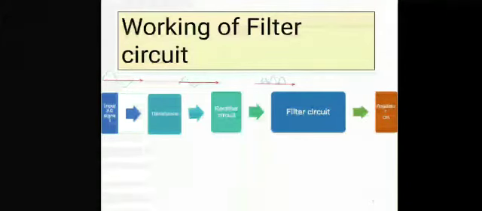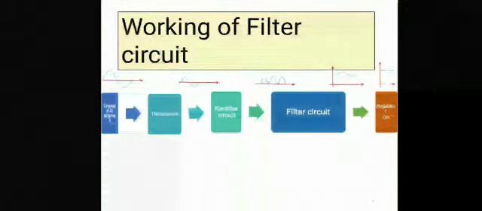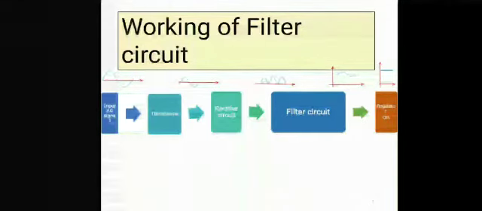The pulsating DC is converted into a less pulsating DC signal well above the ground level. This is one of the waveforms shown at the output of the filter circuit, a less pulsating DC signal. Depending on the component used or the type of filter used, you get either a less pulsating DC signal or a charging and discharging capacitor waveform at the output of the filter circuit.